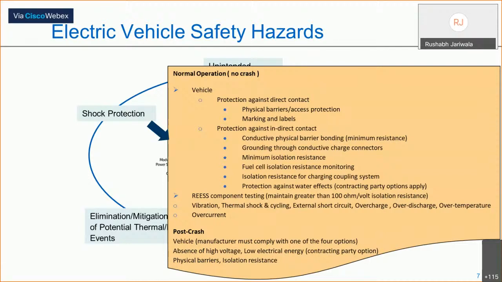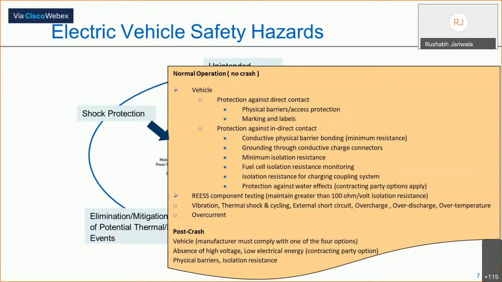Otherwise, that itself is enough to catch fire. A person may not die from the crash event, but the fire or electric shock can actually be a bigger problem.